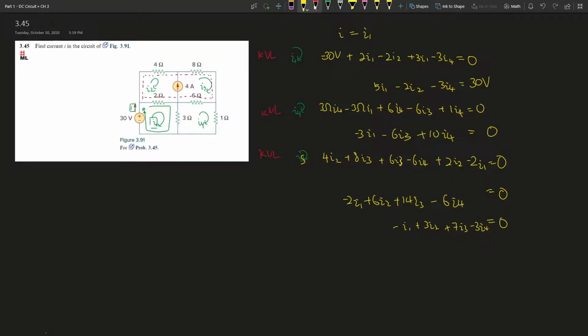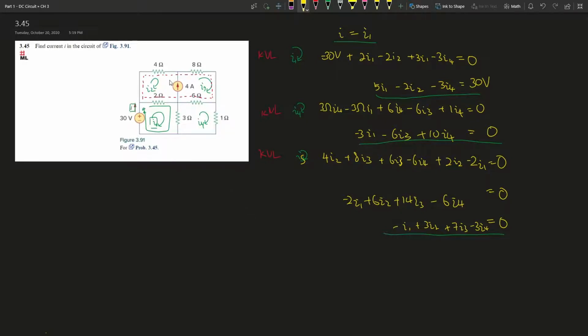Okay, so right now we have 4 equations actually: equation 1, equation 2, equation 3, and equation 4. Here's another relationship you can draw.